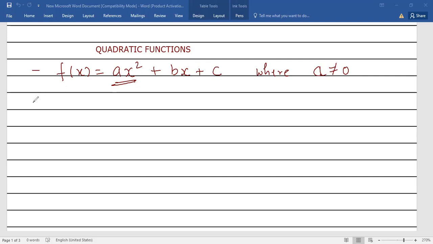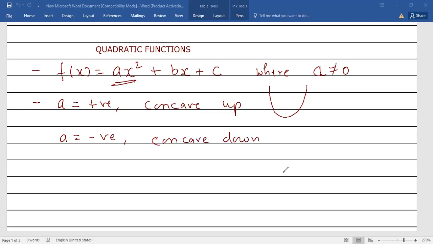Now, this value of a, which is the leading coefficient in this quadratic equation, determines the nature of the graph. If a is positive, then the graph will be concave up. Concave up means it will look like this. If a is negative, then it will be concave down.